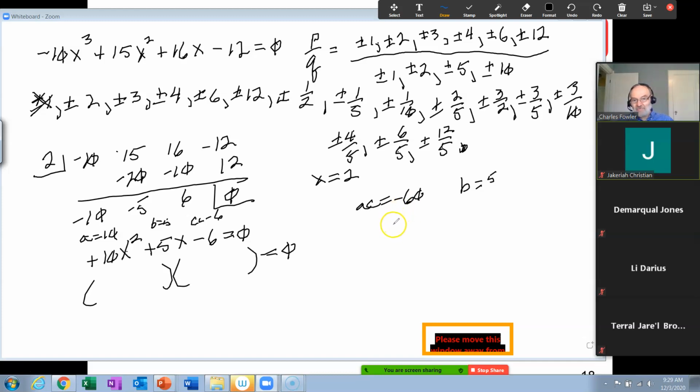So one possibility here is minus 1 times 60. That multiplies to be minus 60, but it adds to be 59. That's not 5, so that one will not work. Next one, again, make sure the smaller number is a negative. Negative 2 times 30 adds to be 28. That's not 5, so we throw that one out.